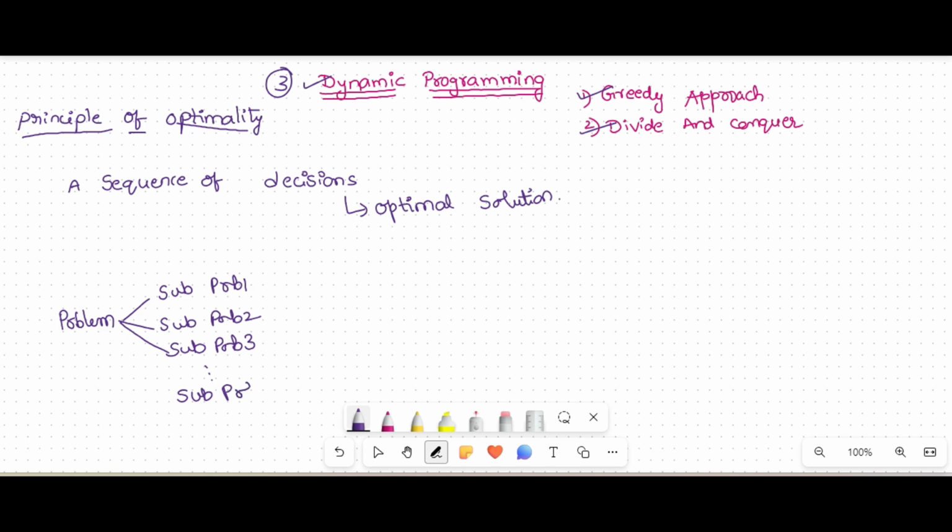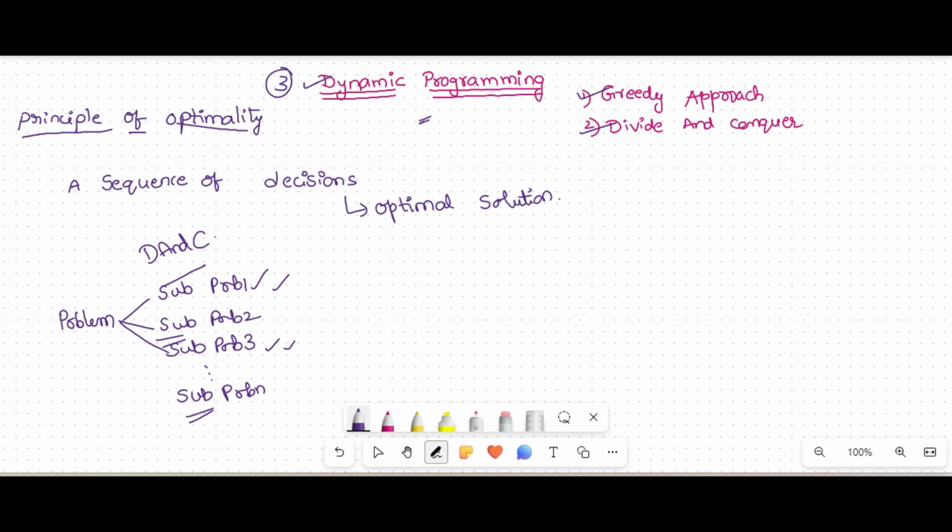Now in the divide and conquer approach, if a subproblem is repeated, it won't check whether you have already calculated it or not. So in divide and conquer, it just blindly divides the problem and finds a solution for each subproblem.